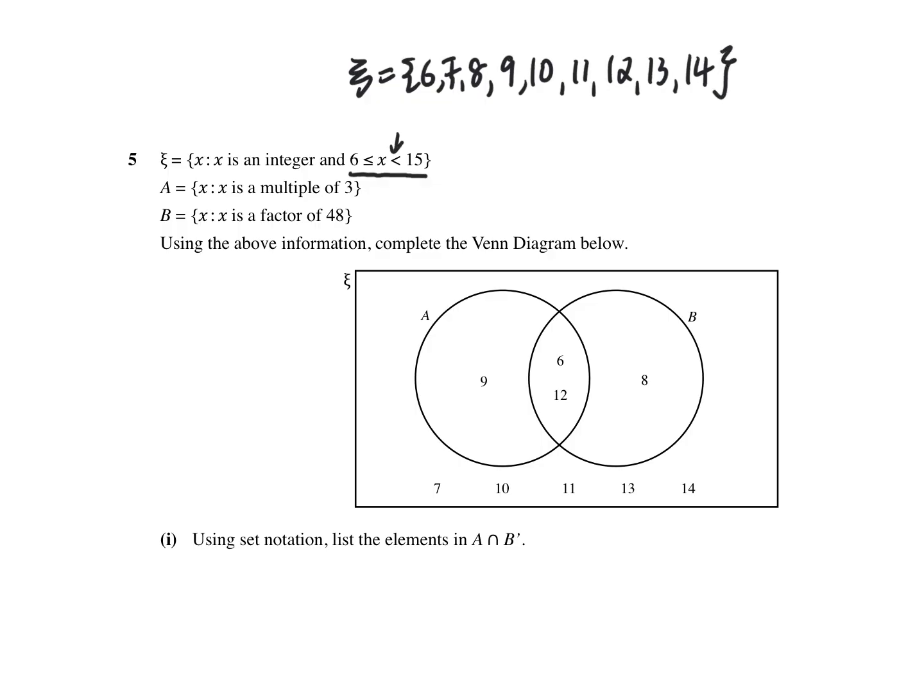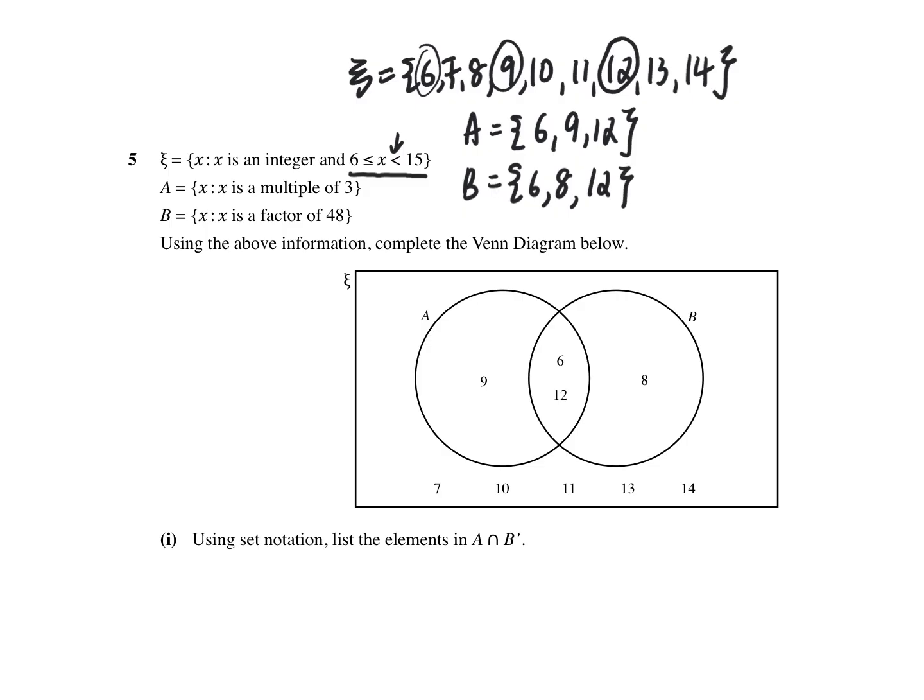Okay, and then my A is a multiple of 3 that you choose from here. 6, 9, 12. It must come from your universal set. It cannot come from outside of your universal set. And then B is all the factors of 48. So you check 6. 48 is divisible by 6, divisible by 8, divisible by 12. So these are the factors of 48.